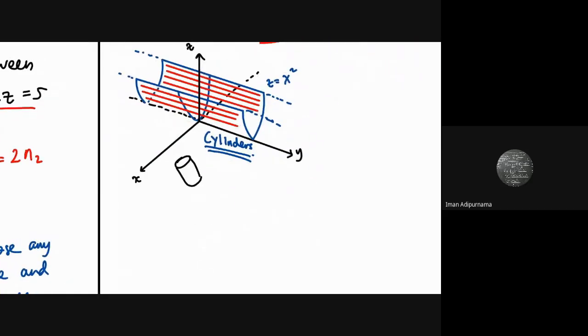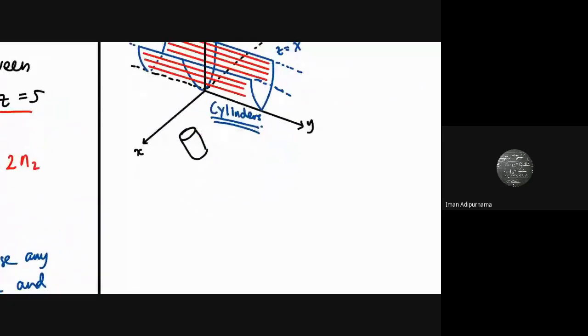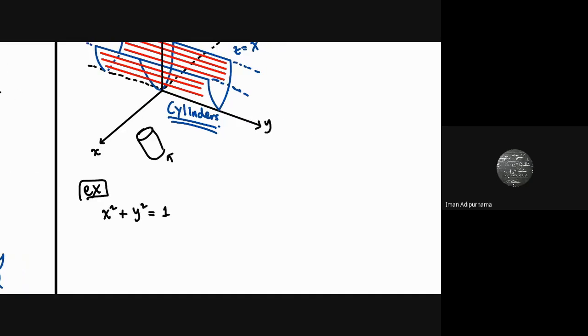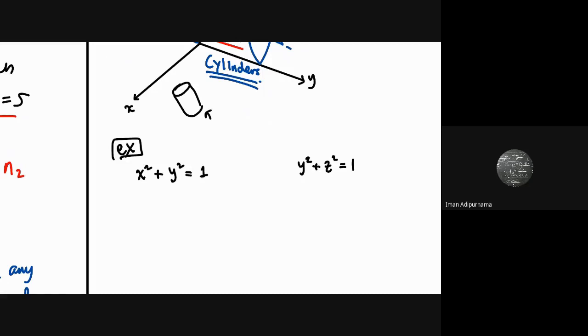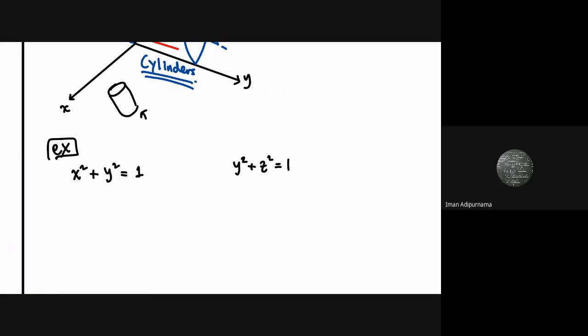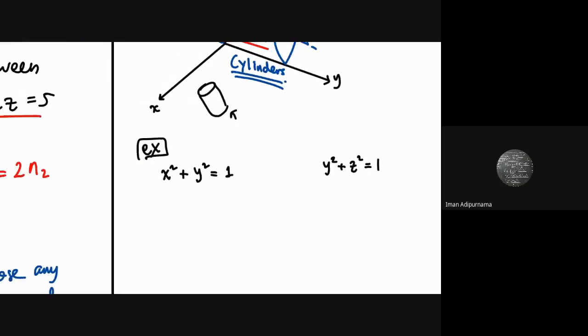Now another example that I need to show you is exactly this tube. Maybe two examples. So we have x squared plus y squared equals 1, and the other one is y squared plus z squared equals 1.